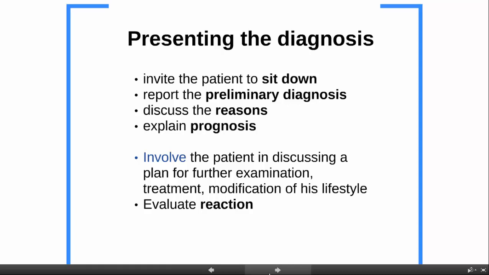Report the preliminary diagnosis in the specific way, discuss the reasons, and explain the prognosis. The patient needs to know the reality. Always involve patients in discussing the plan for future examination, treatment, and especially modification of his lifestyle. It is mandatory. Evaluate the reaction of the patient and try to reassure him.